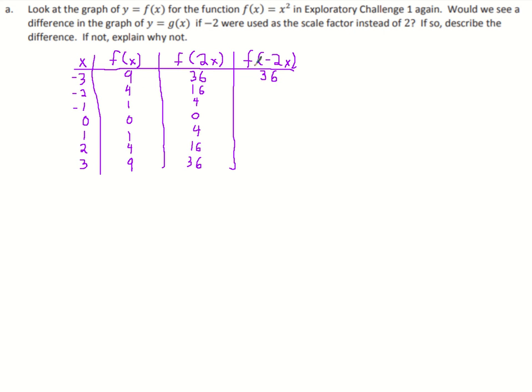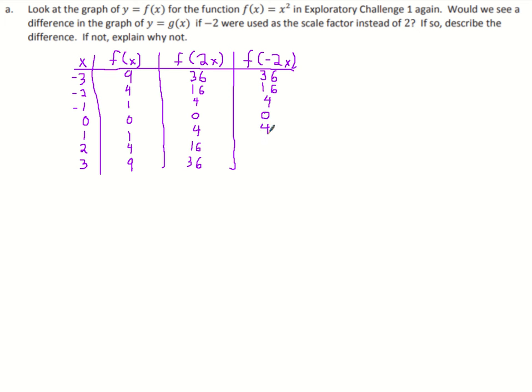Okay, -2 times -2 gives me +4. +4 squared gives me 16. Just like what we had over here. -1 times -2 gives me +2. +2 squared gives me 4. 0 times -2 is 0, and 0 squared is 0.